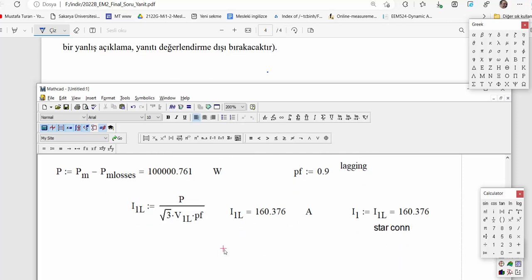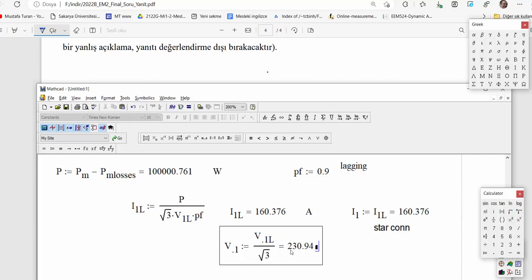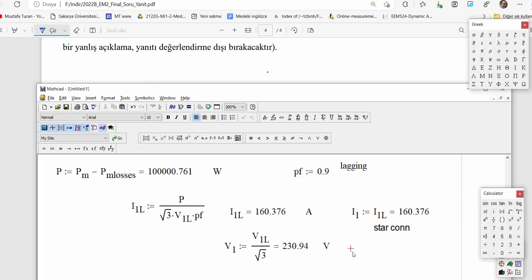Also, single-phase terminal voltage is equal to line-to-line voltage over square root of 3. That is approximately 231 volts, since it is a star connection.